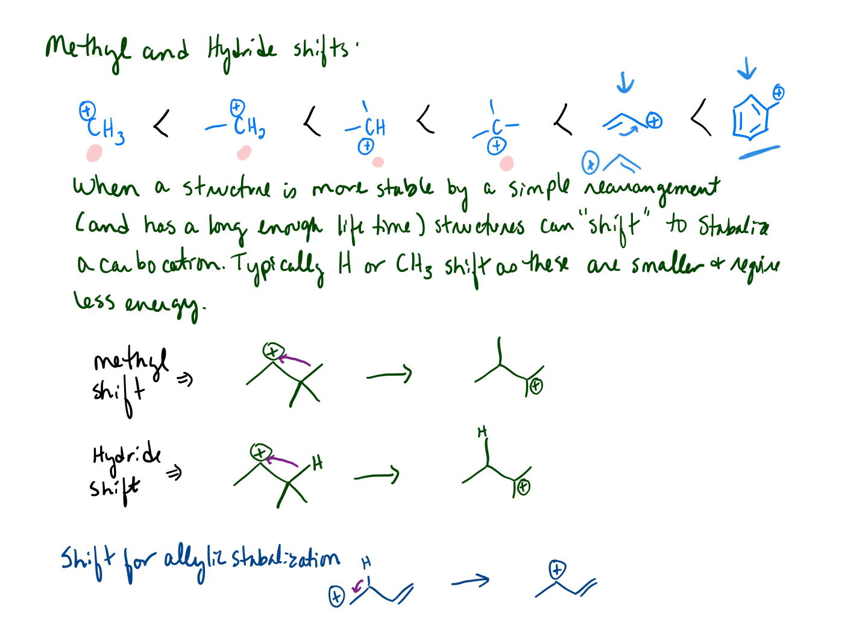So in order to make more stable positive charges or carbocations, we can shift either a methyl group or a hydrogen. Now a hydrogen is going to shift more easily because it's smaller. That's the simple reason why. But a methyl group can also shift in order to help stabilize a positive charge.